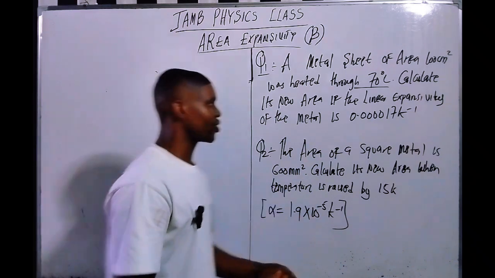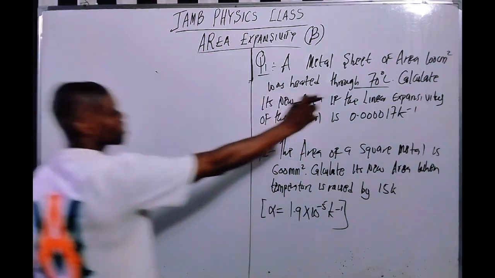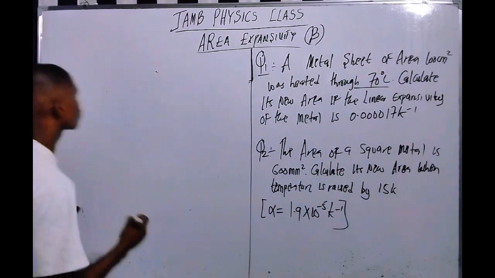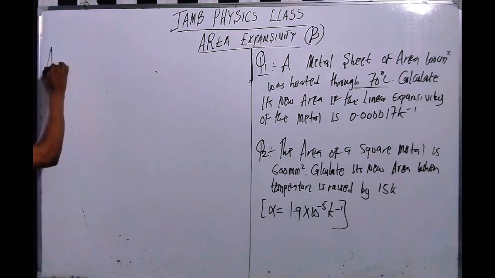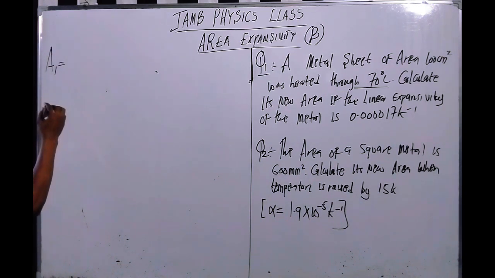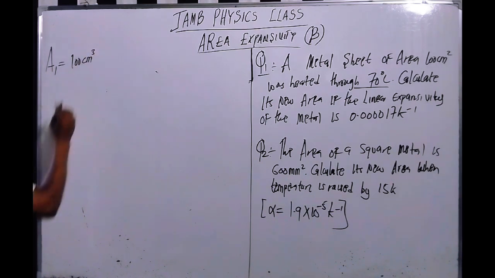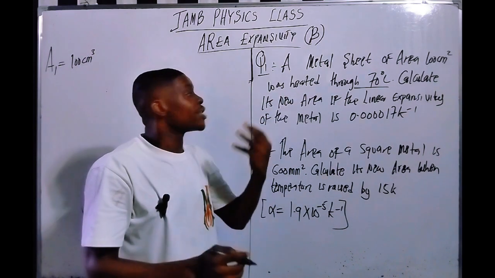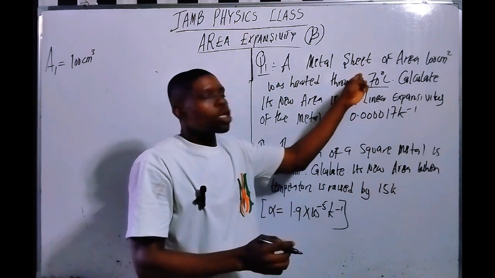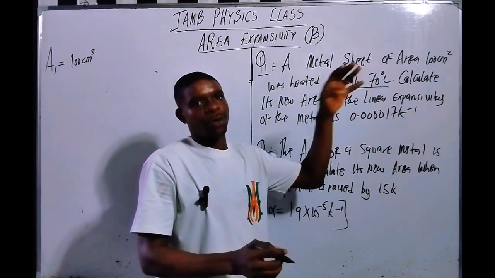So now let's tackle this question. The 100 cm² is my A1, my original area. They say it is heated through, so this is not my initial temperature or my final temperature.